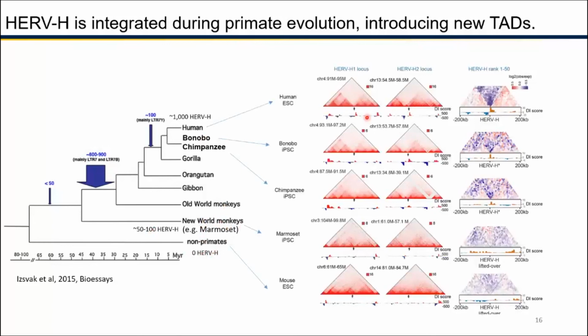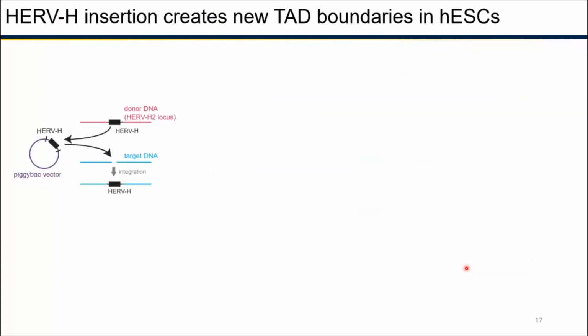And consistent with our prediction, the HERV-H DNA and also its associated TAD boundaries can be observed in the bonobo and the chimpanzee iPS cells, whereas neither the HERV-H nor the TAD boundaries are observed in the regions in marmoset iPS cell and the mouse ES cell in the regions syntenic to human. So these data confirm that HERV-H has introduced new TAD boundaries during primate evolution.